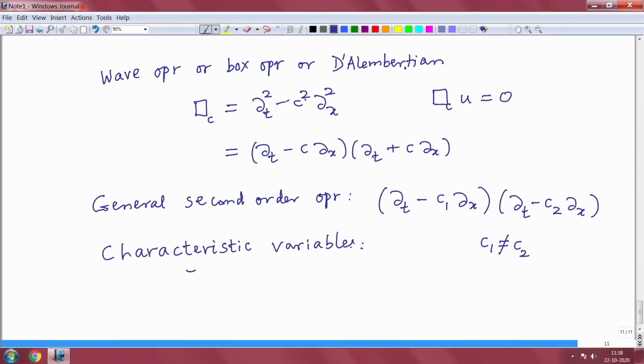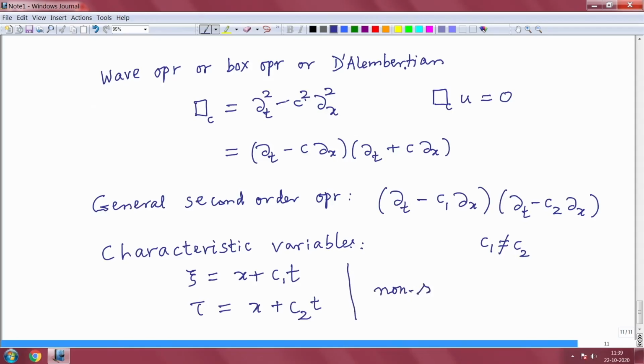So, we again introduce the characteristic variables, xi equal to x plus C1t, tau is equal to x plus C2t. Since we are assuming C1 not equal to C2, this is again a non singular change of variables.